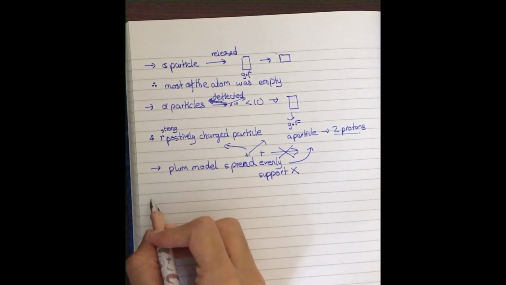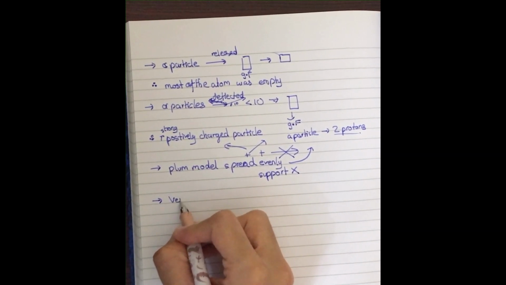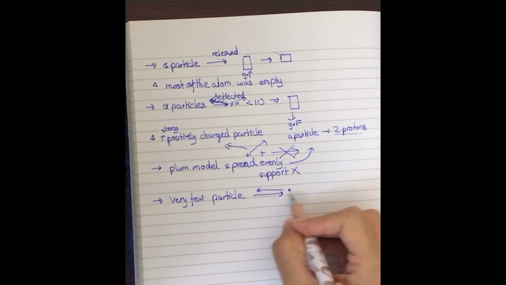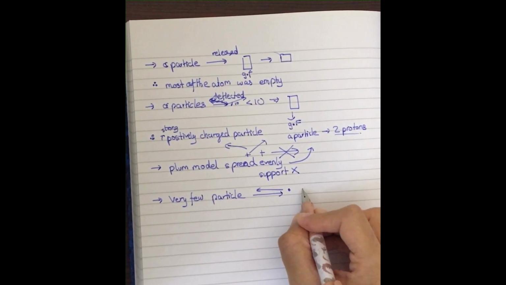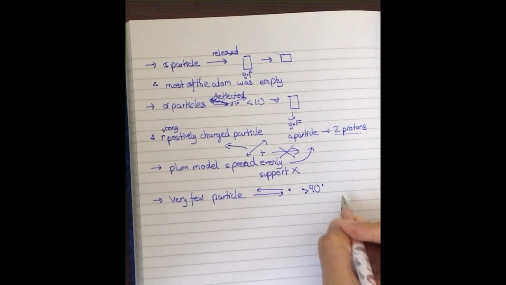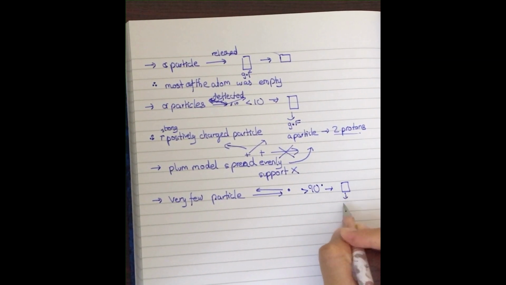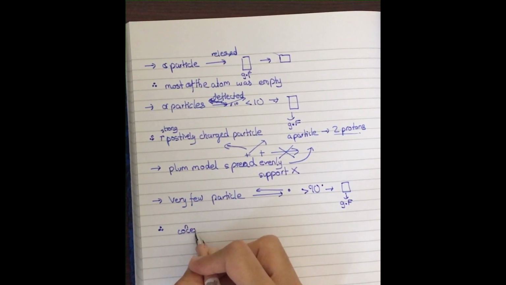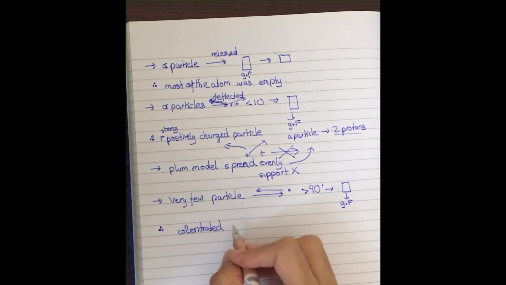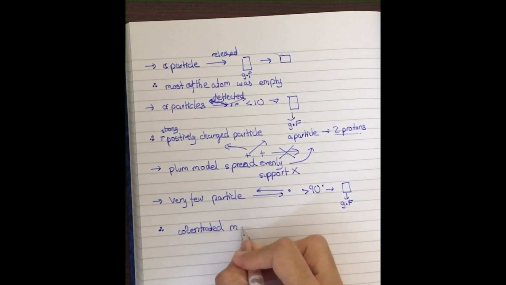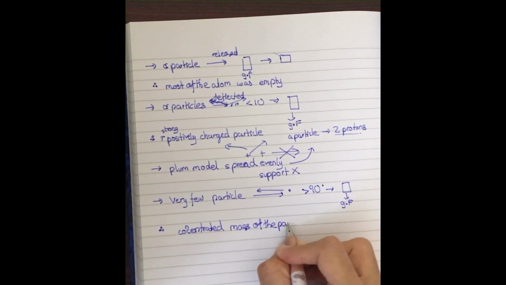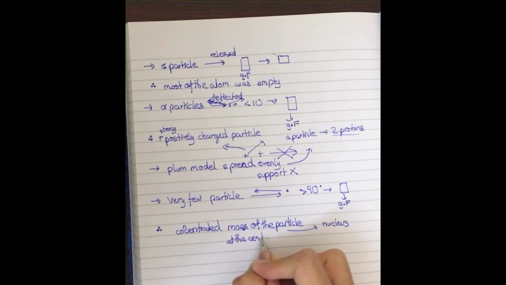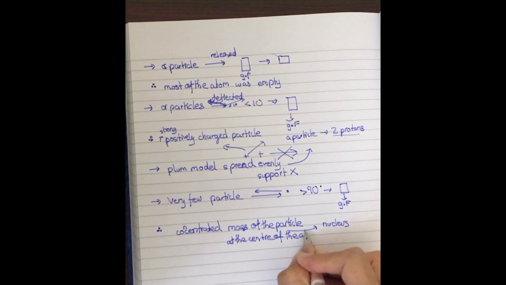Now we have the third point that he concluded, that very few particles were deflected back, right. It went here and then it came back at an angle above 90 degrees from the gold foil. So he concluded from this that there is a concentrated mass of the particle, which we know as the nucleus, at the center of the atom, right?